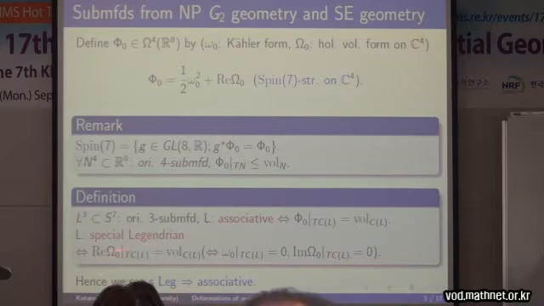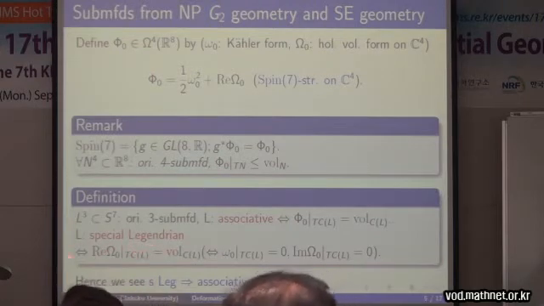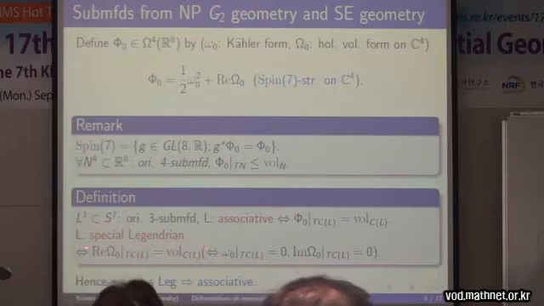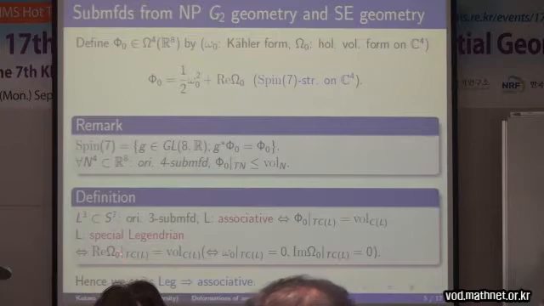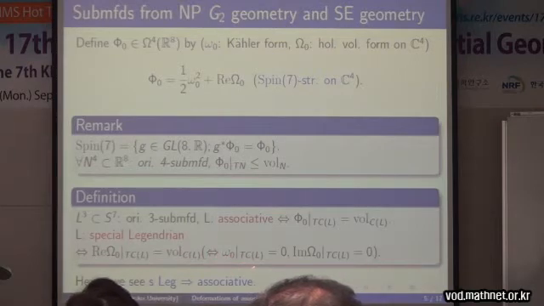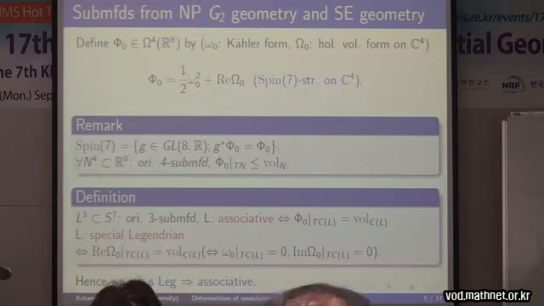And next we define special Legendrian submanifolds, where special Legendrian submanifolds are defined as real part of omega 0 restricted to TCL is equal to volume CL. And it is known that this is equivalent to omega 0 restricted to TCL equals 0 and imaginary part of omega 0 restricted to TCL equals 0. So from these definitions, we easily see that special Legendrian submanifolds are associative.